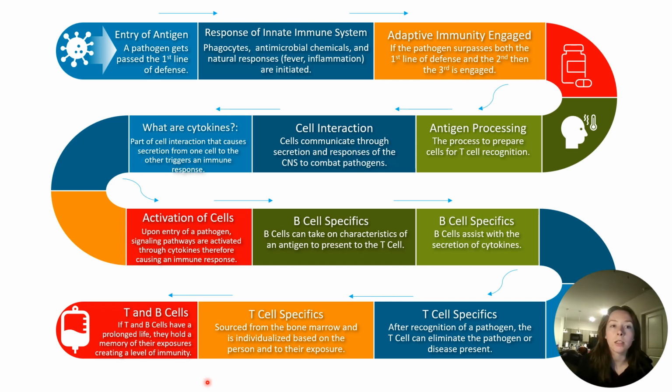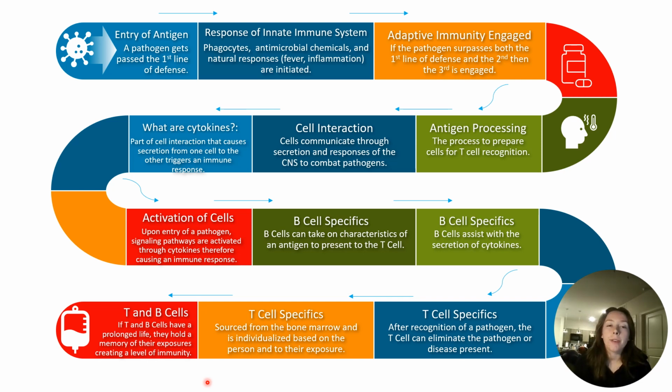The entry of the pathogen means that it's gotten through our first line of defense. Like I mentioned before, it's gotten through a mucous membrane or open abrasion on our skin, and it's actually getting into our body. Then the response of our innate immune system is going to activate our second line of defense.